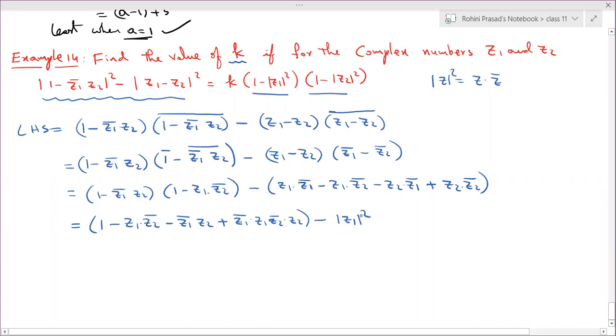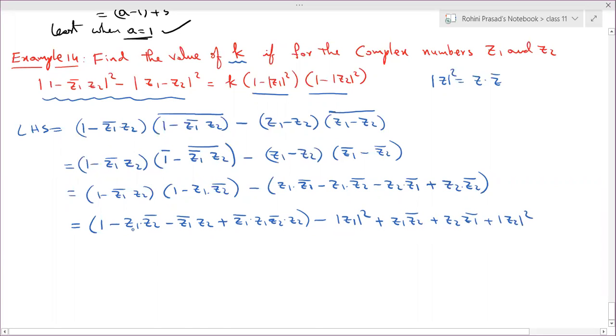Z1 into Z1 bar is mod Z1 square, and this one is minus Z1 Z2 bar, plus Z2 Z1 bar plus mod Z2 the whole square.